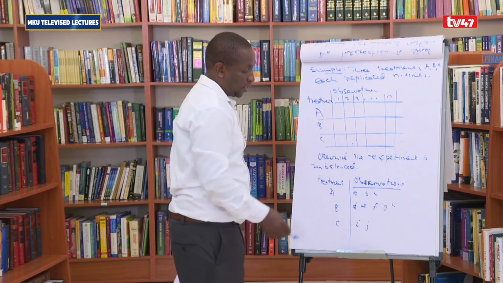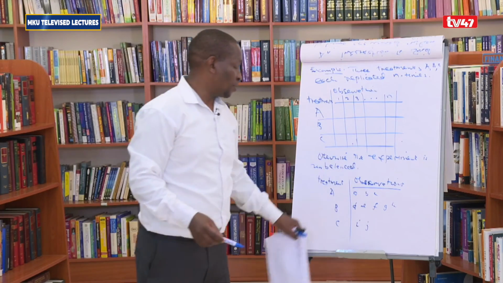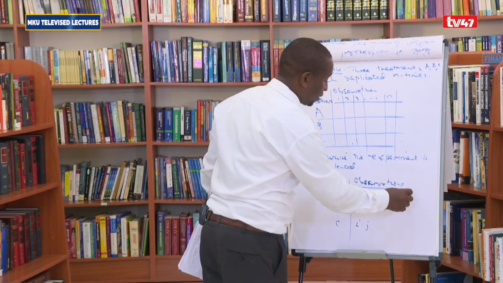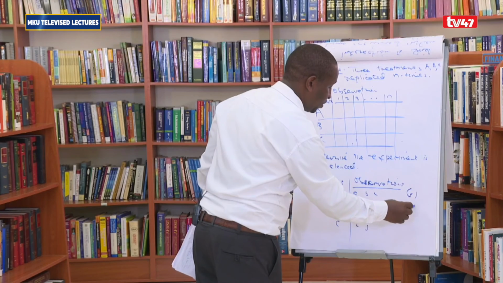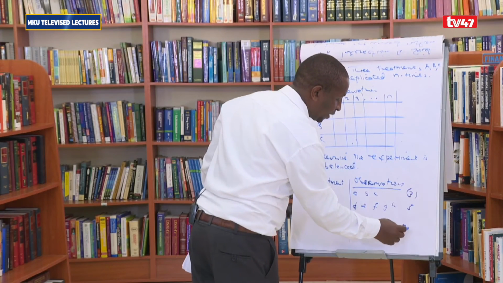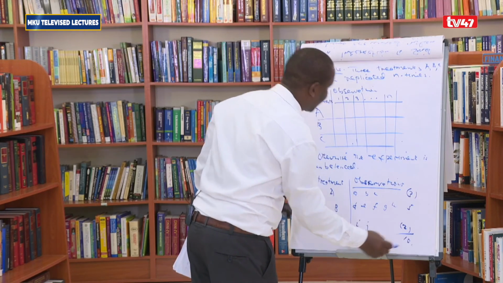So making 10 observations, but A is observed 3 times, B 5, and this one 2, for 10 experiments.